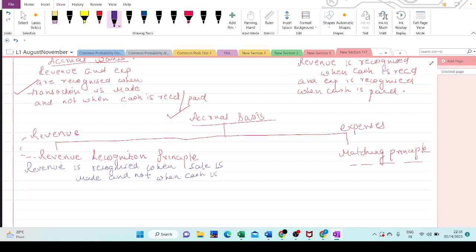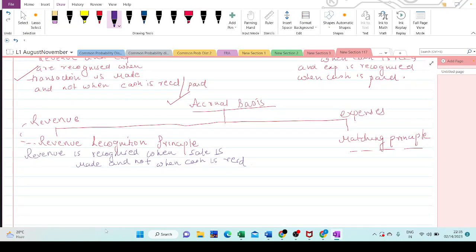So let me explain this in detail. Say there is a bakery, and the months are September, October, November. The bakery receives an order for a cake in September.